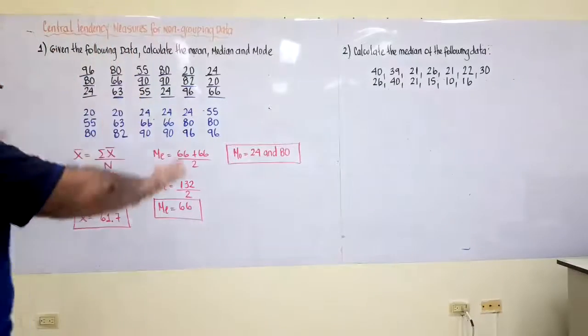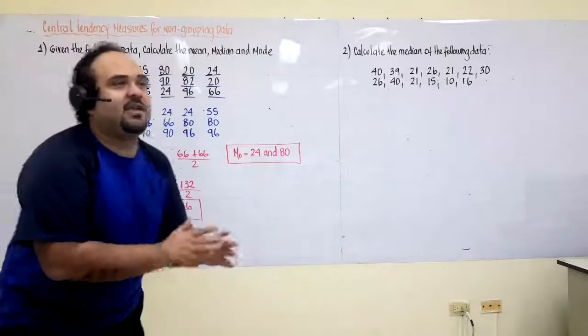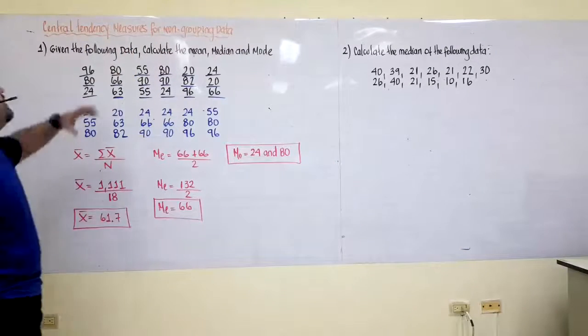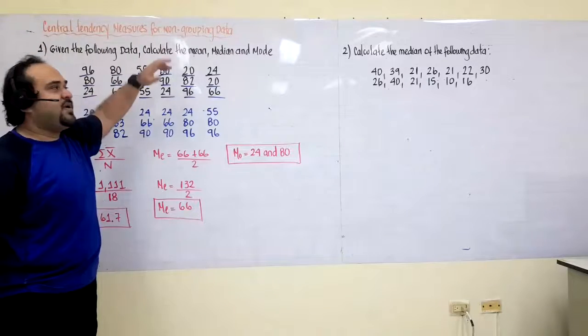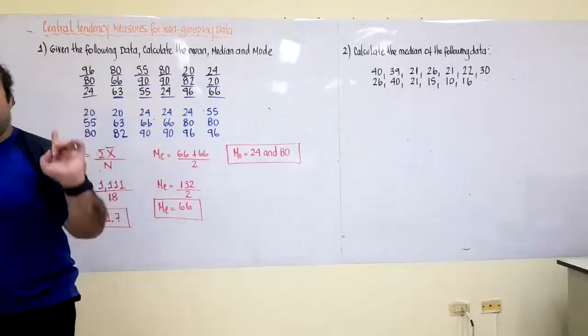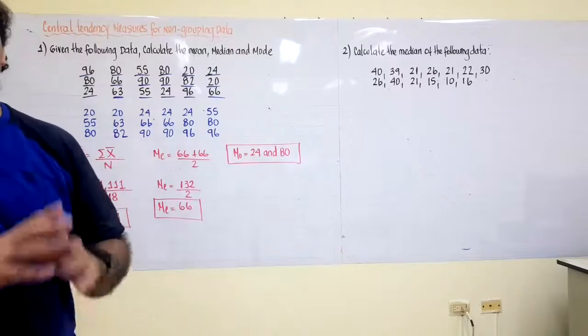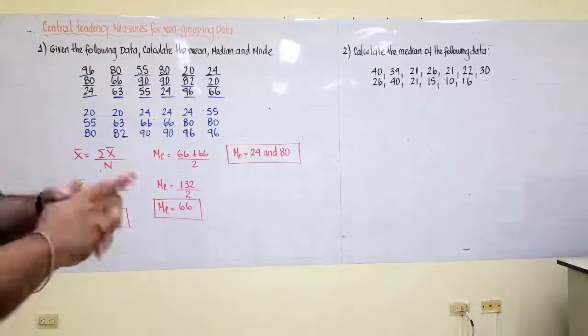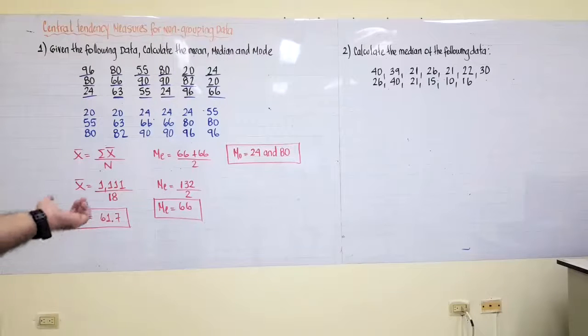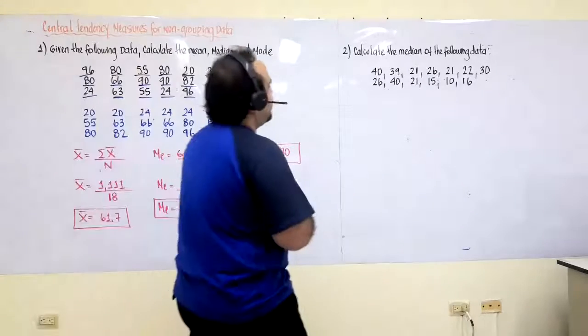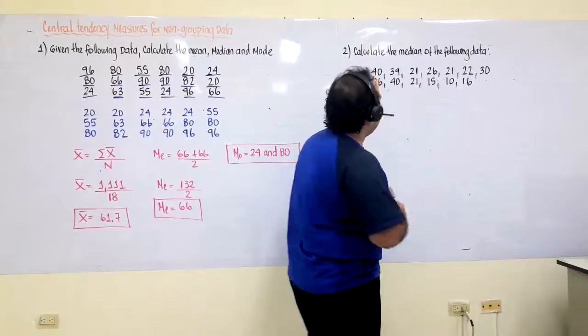Exactly. In statistics, it doesn't matter if we're talking about central tendency measures for non-grouped or grouped data, always, without exception, the first thing we have to do is arrange the data from the smaller one to the bigger one. So let's do it. The smaller one will be 10.